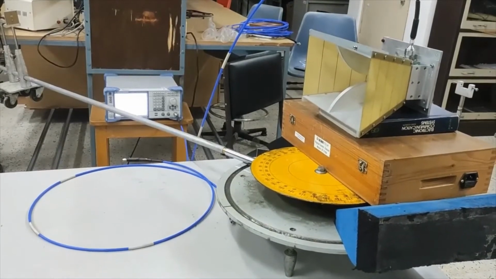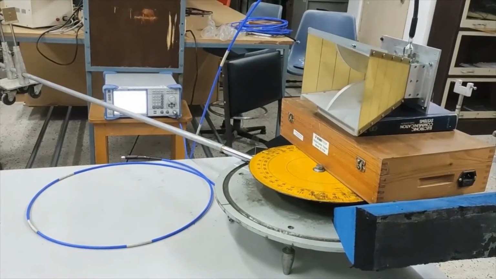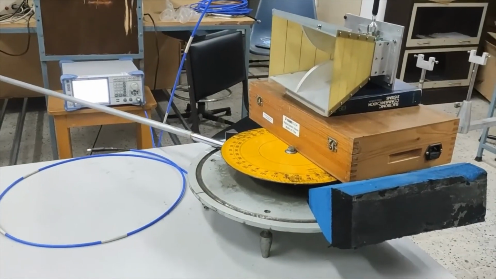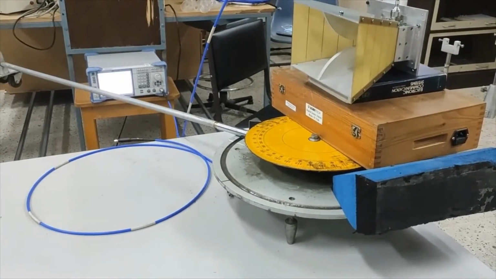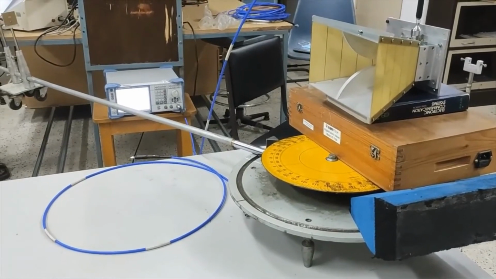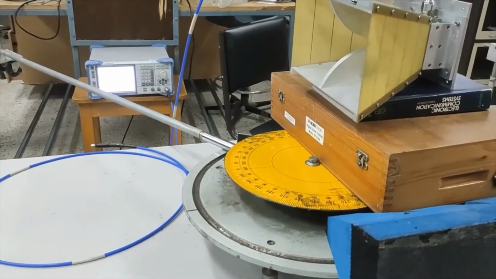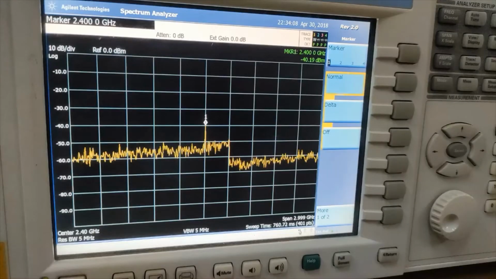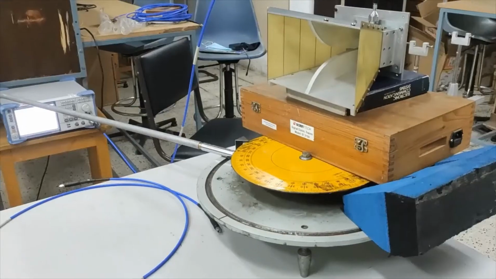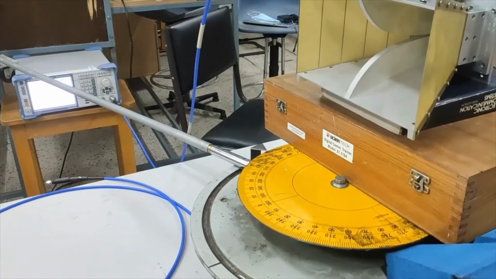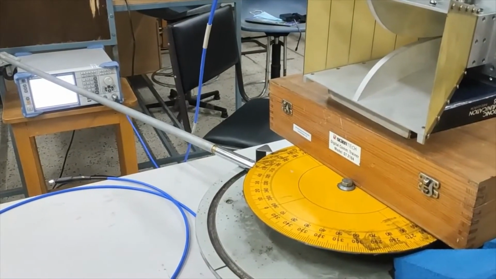At 60 degree it's showing minus 40.5 dBm. At 70 degree it's showing minus 42.53.